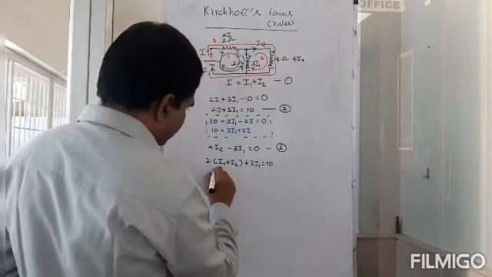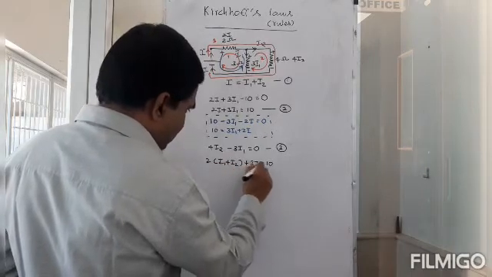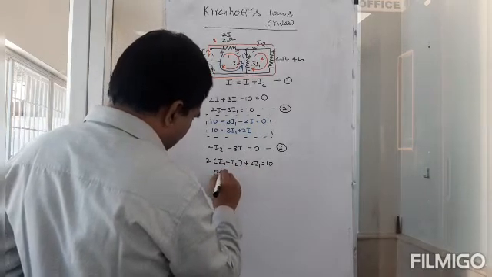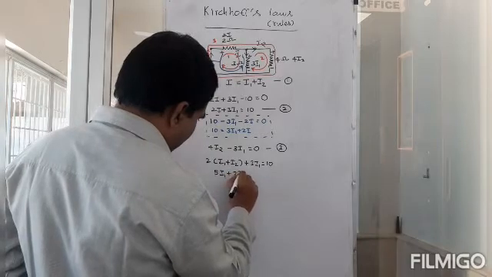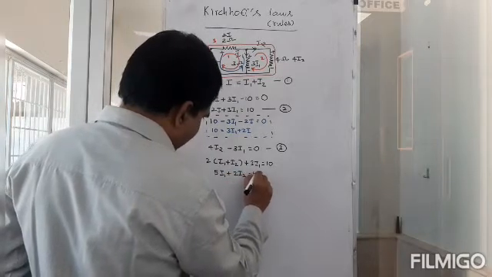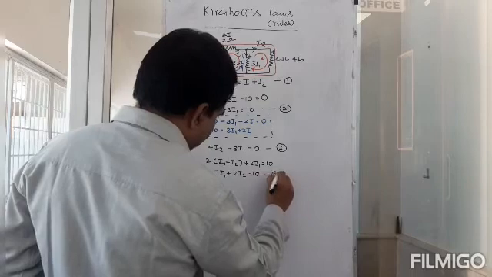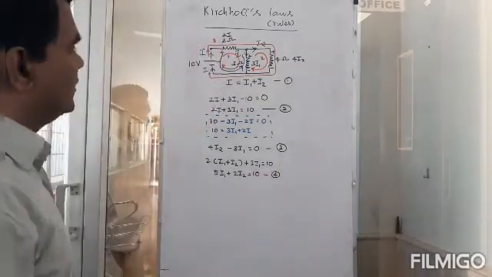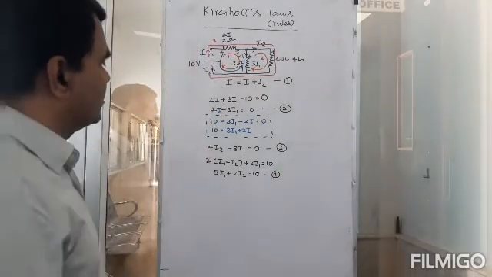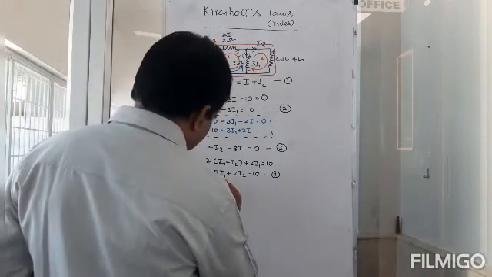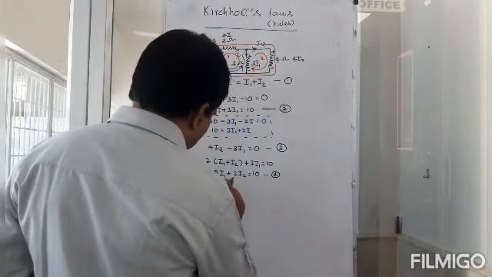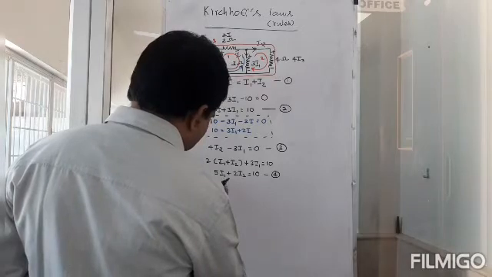So that gives you 2i1 plus 3i1, so 5i1 plus 2i2 is equal to 10. So that's equation 4. And then I can take this equation 4i2, or I can say minus 3i1. I'll gather them.